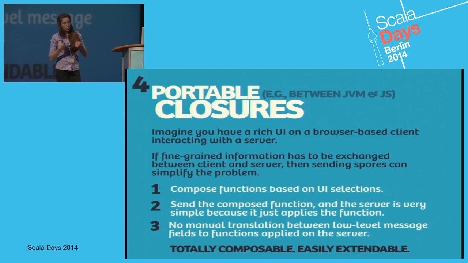Then you send the composed spore or function over the wire to the server and just apply it on the server side. That makes things a little bit simpler, in that you don't have to map fields and messages to the functions that are applied on the server.